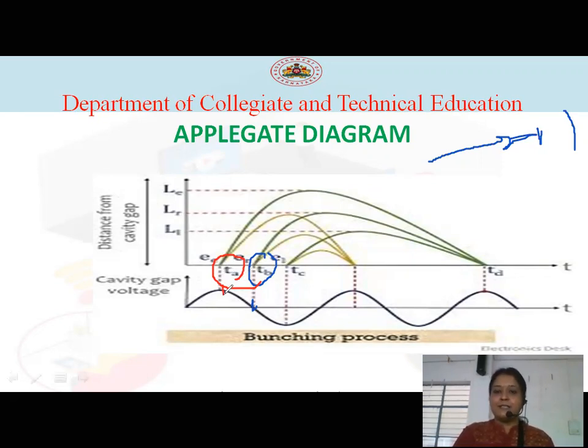The speed will increase. Suppose electron A has reached up to this point. Now one more electron B is coming. Will it cover only this much distance or will it cross this distance? See here, electron B is coming. Compared to electron A, its velocity is very high because it is accelerated here. Therefore, electron B will cross this and reach a higher distance here because it has the higher velocity.